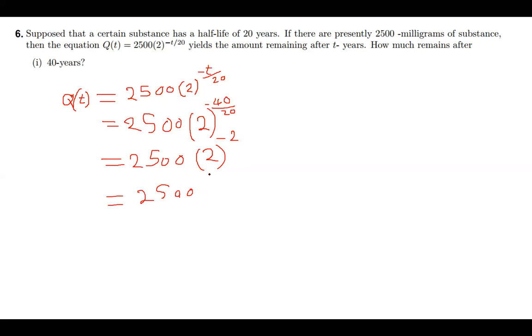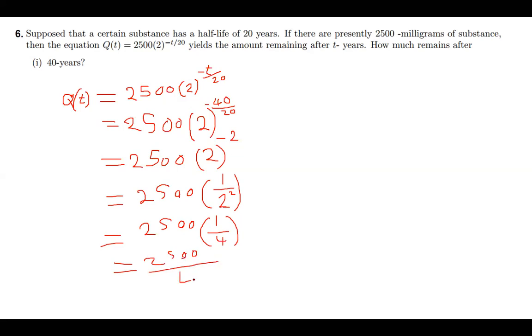This can also be written as 1 over 2 to the power 2. But we know that 2 to the power 2 is nothing but 4. So we are going to say 2,500 multiplied by 1 over 4, which gives us 2,500 divided by 4.